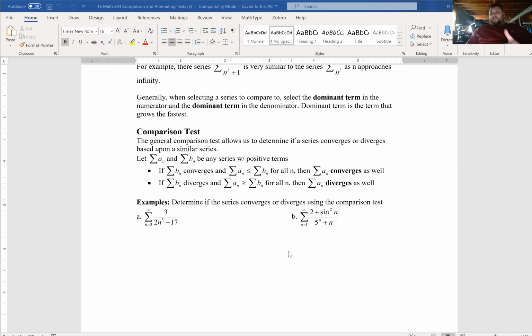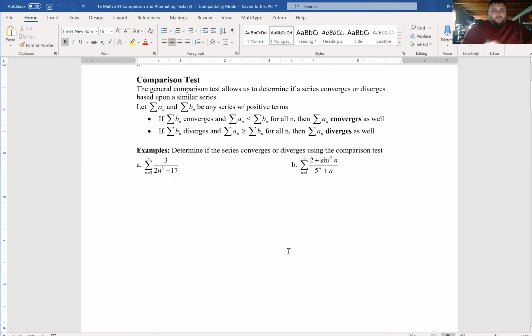So I'll give you a couple different ways to do that. Let's go ahead and try the first one, and you can see what I'm talking about. So first off, we need to take dominant terms of the numerator and the denominator, and that'll create our sum. So the dominant term here on the top obviously has to be 3. It's the only term. And there's two terms on the bottom, 2n cubed minus 17.